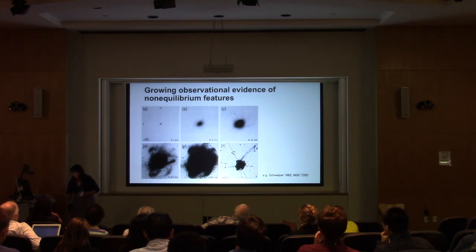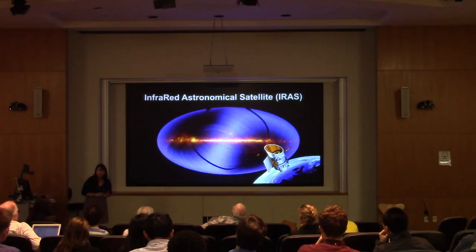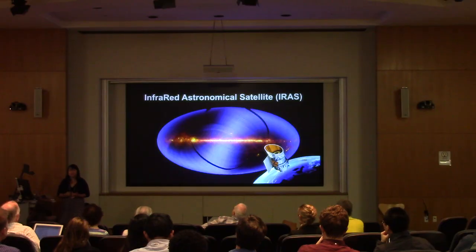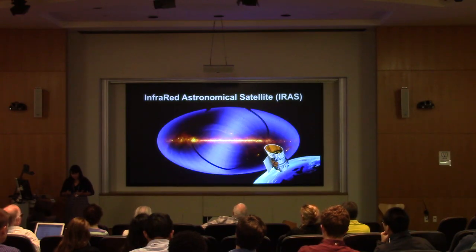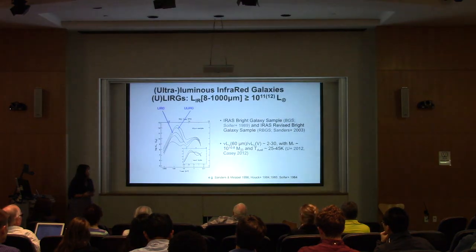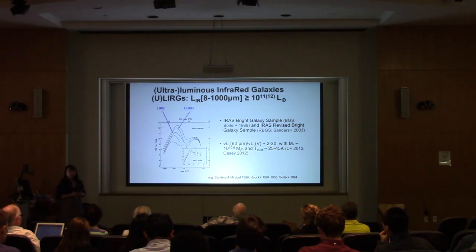So then there was a game changer. In 1983, yours truly was conceived, and also the IRAS satellite mission, the first infrared all-sky survey, discovered a new class of objects that we called luminous and ultraluminous infrared galaxies.